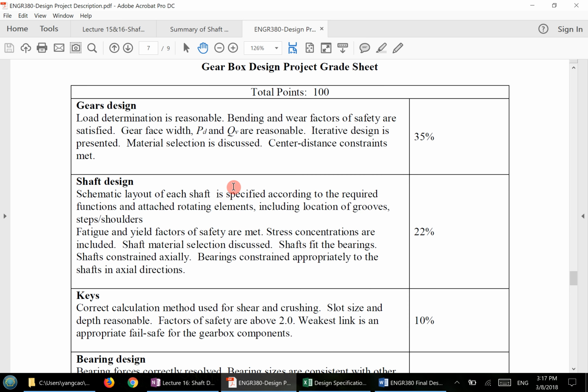It worked. You pick another combination and it doesn't work. That's fine, you put it there. There should be a certain level of iteration shown in your design process, not just one iteration. You may have done something, but if you don't present it, then I wouldn't know. That's what I look at when I do the marking. Any questions?